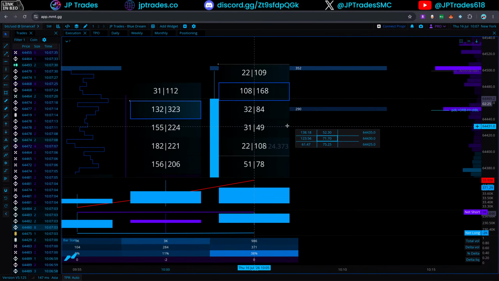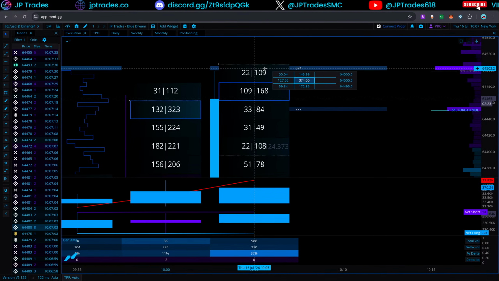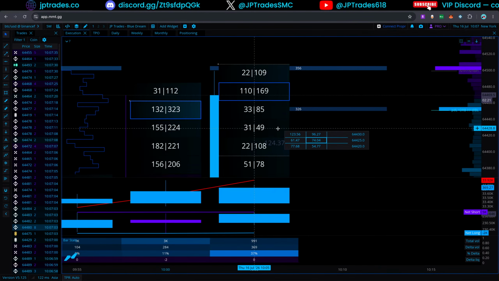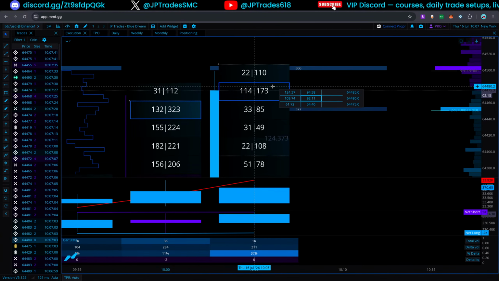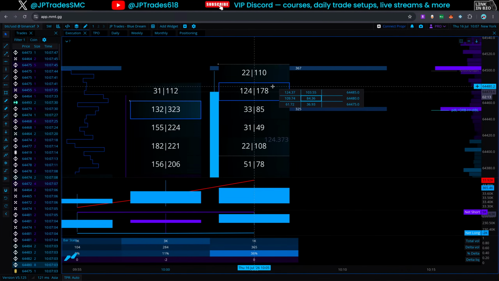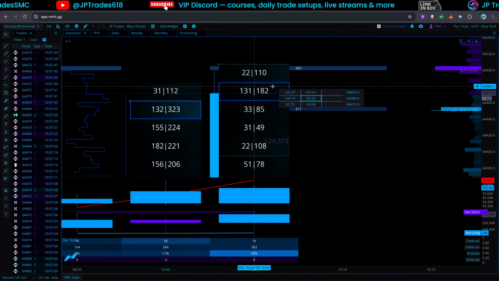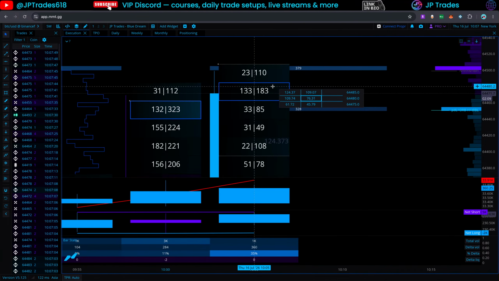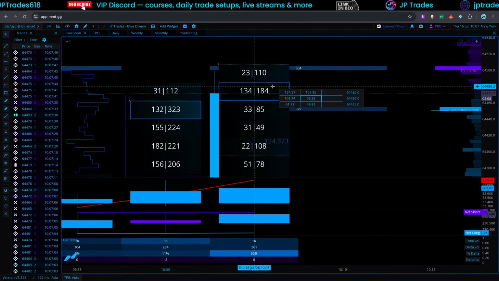And so far, all these buyers are getting absorbed, but still, this is the battle happening in real time. So it's not the moment in time that you necessarily want to pull the trigger unless you have a very aggressive entry setup.